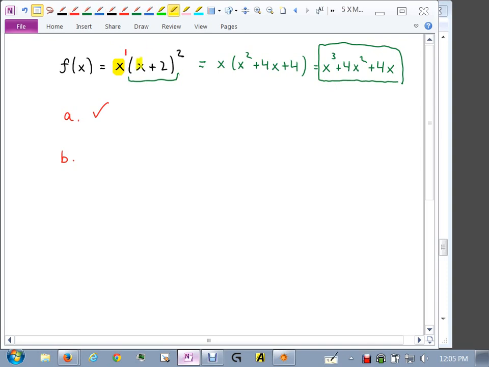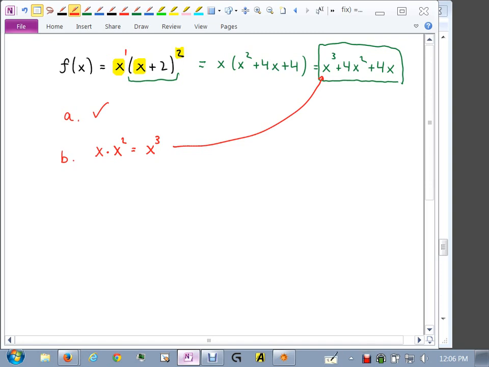Then in here I have x, but what's the power on that x? If I FOIL that out, I would get a 2. So this is going to be an x times an x squared, which would be x cubed, which matches up with this. So you don't have to multiply the whole thing out as long as you keep track of all the powers of the x's.